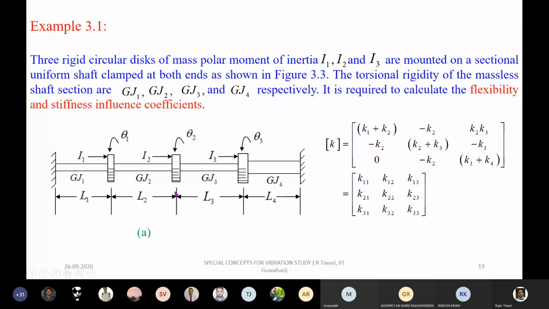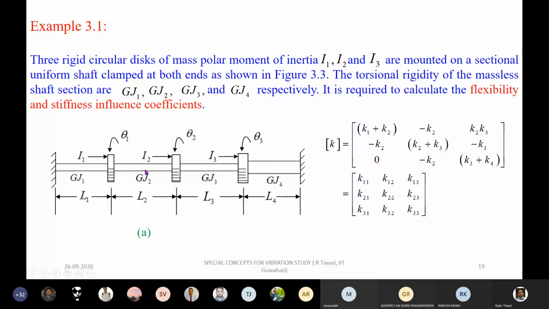This is similar to a spring, a mass, another spring, a mass, another spring, a mass, another spring. But a spring can be a torsional spring or a physical spring. Here the shafts are represented as springs of torsional stiffness. So this is a 3-degree of freedom system with generalized coordinates θ1, θ2, θ3. I hope the problem is clear.